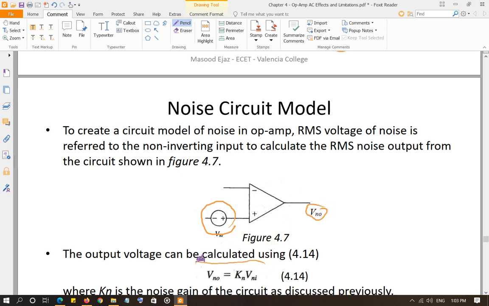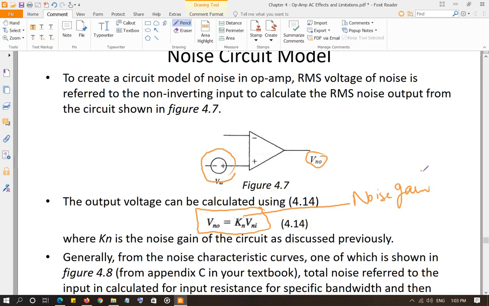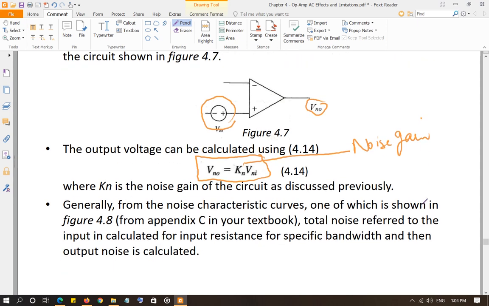We calculate using this equation, and observe what we have here, noise gain. This noise gain came from the study of noise. So the output RMS voltage due to the input RMS noise, which is the cumulative noise in the circuit, is the noise gain times the input RMS noise.